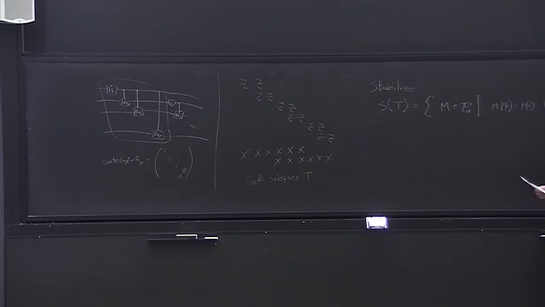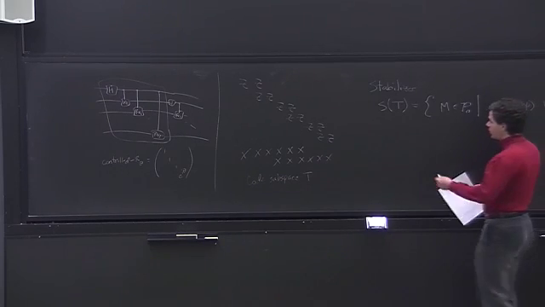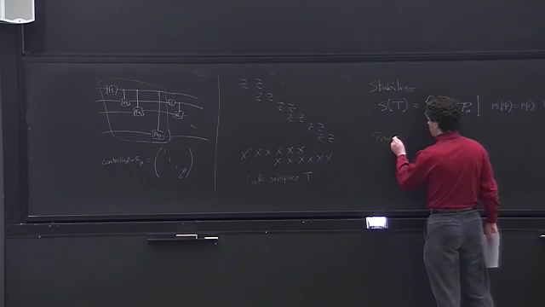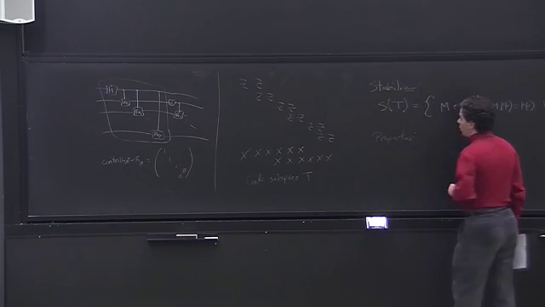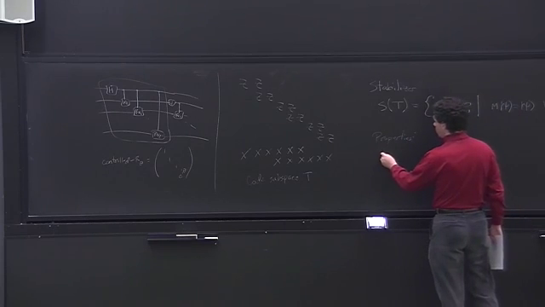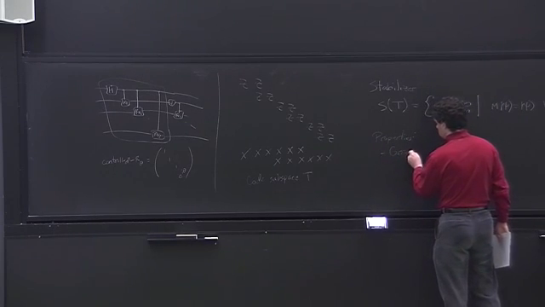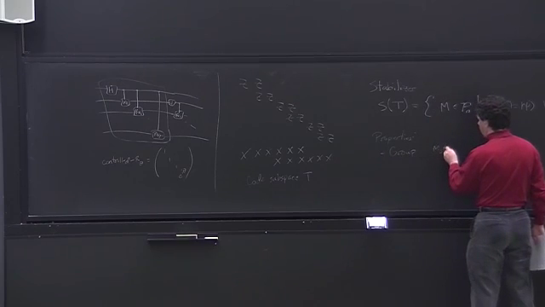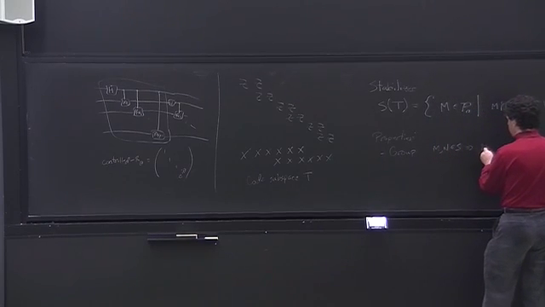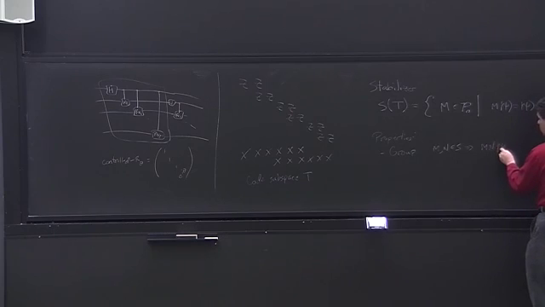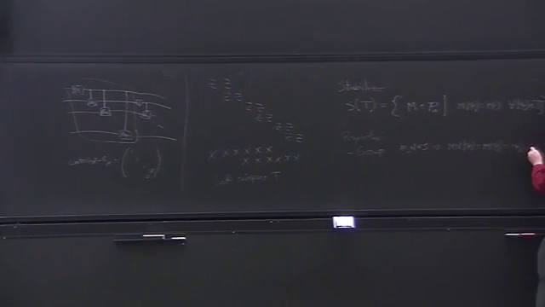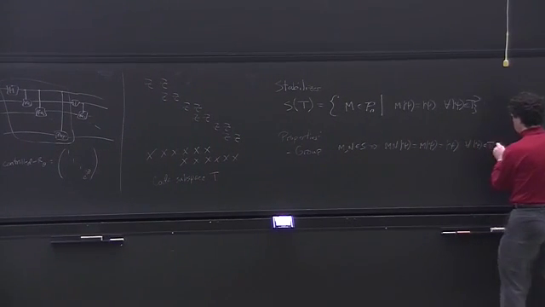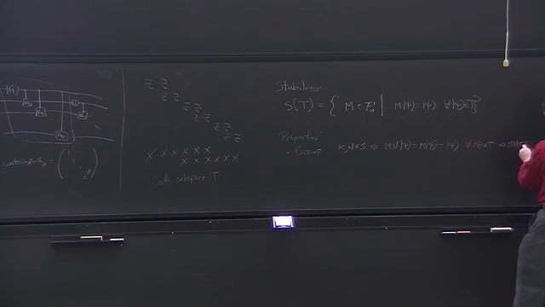And in fact, that's one of the basic properties of stabilizers: it's a group, because if M and N are both in the stabilizer, that implies that MN is in the stabilizer, because MN psi is equal to M psi, which is equal to psi for all psi in T. So that implies that MN is in the stabilizer. Okay? So it's a subgroup of the Pauli group.